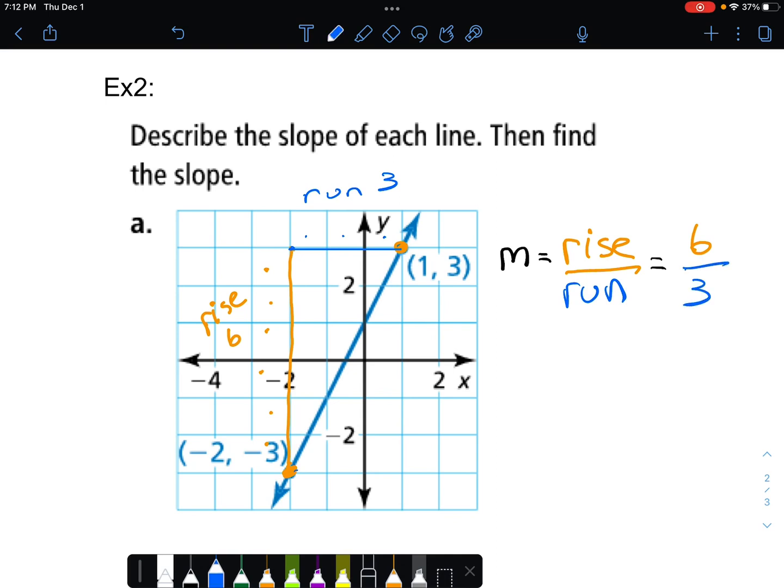So 6 over 3 can be simplified. It has a factor of 3 in the 6, and a factor of 3 in the 3, and so we can write our slope as m is equal to 2. That's our answer.